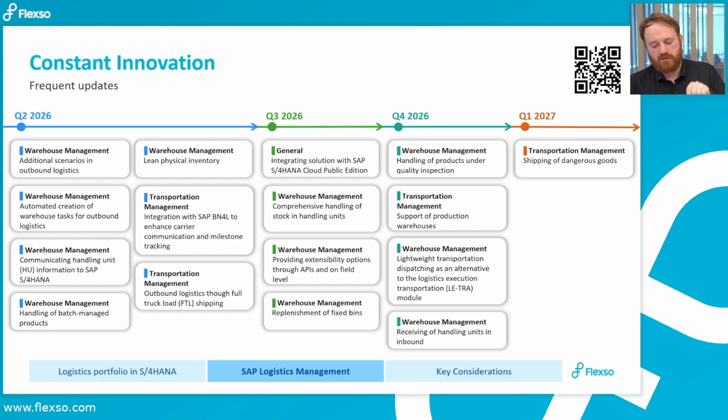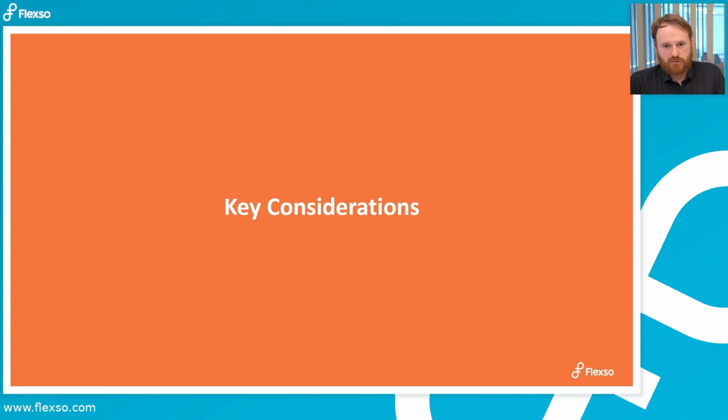I think a very big one on this particular slide is that starting Q3 in 2026, you will be able to integrate with public cloud, so the Cloud ERP public. Concluding with some key considerations, I will hand the word back to Nicolas.